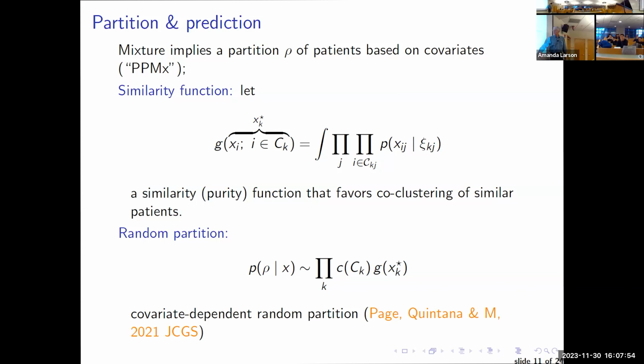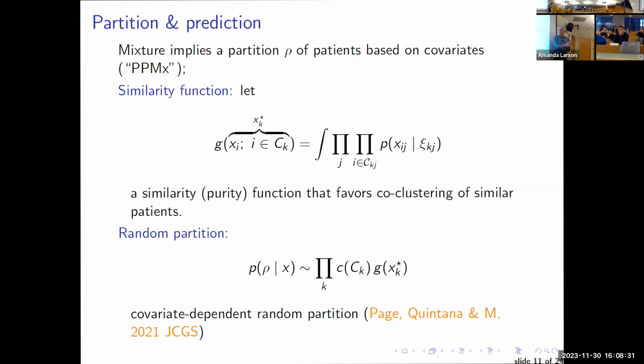You can write it as a prior on the, sorry, there's one factor that arises from the prior on the weights. I didn't talk about the prior on the weights at all, yeah? But under some restriction on how you write the prior on the weights, you can again factor that to write the prior on the partition before you see the x's, and then it's just modified by this similarity function, which should be such that when the x's look very similar, the joint distribution should be very peaked.